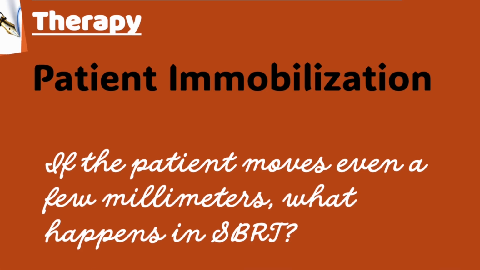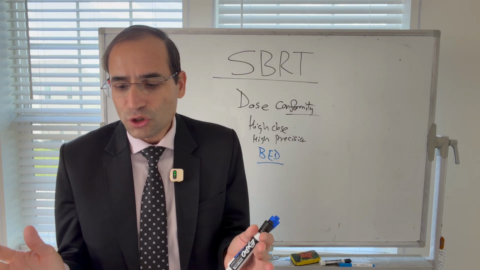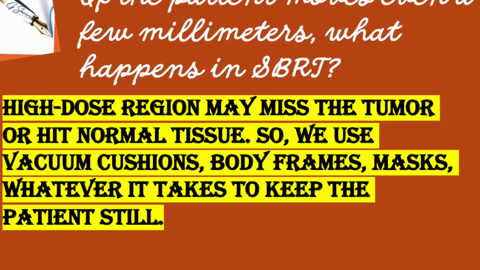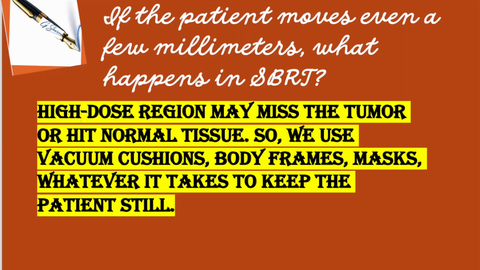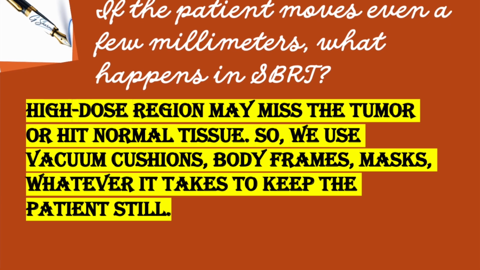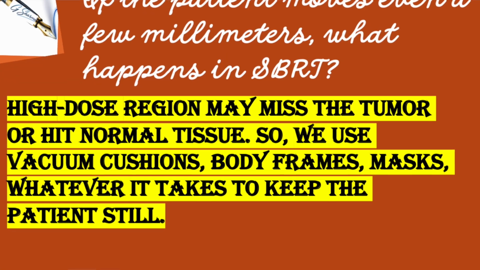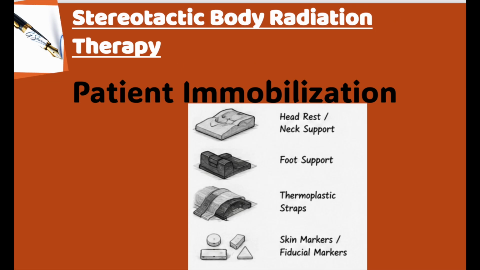Exactly, the high dose region may miss the tumor or hit the normal tissue, even with millimeter-range motion of the patient. The wrong place can be hit by the dose. That's why motion management is a very critical thing. So we use vacuum cushions, maybe body frames, and whatever it takes to keep the patient still.